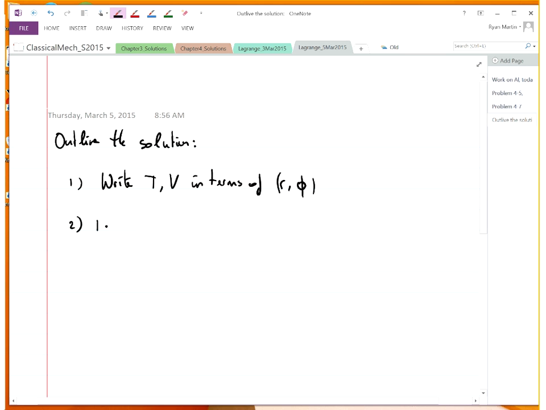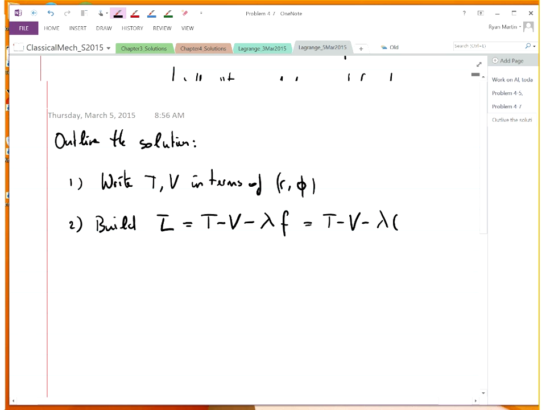Now, because we're using the method of Lagrange multipliers, you're going to have to build L bar to be the original L, which was T minus V, and then add in a lambda times F. So it's T minus V minus lambda times our function F, which we wrote as lowercase r minus capital R.